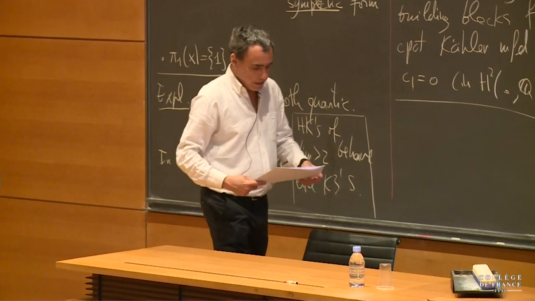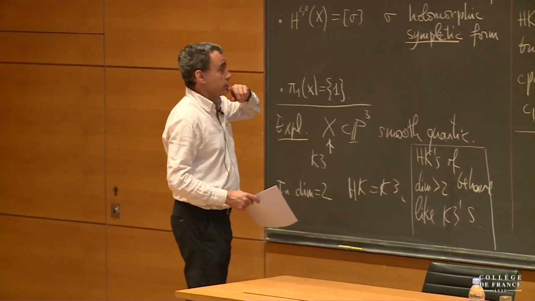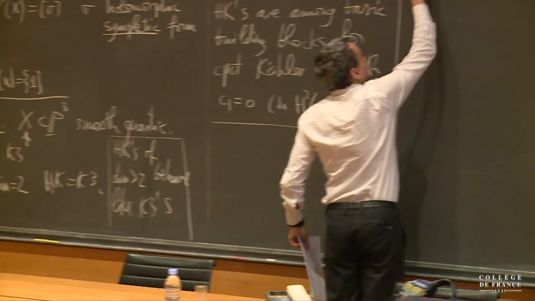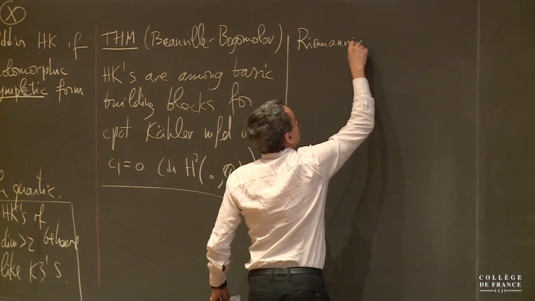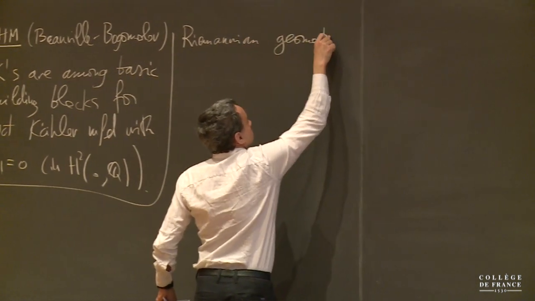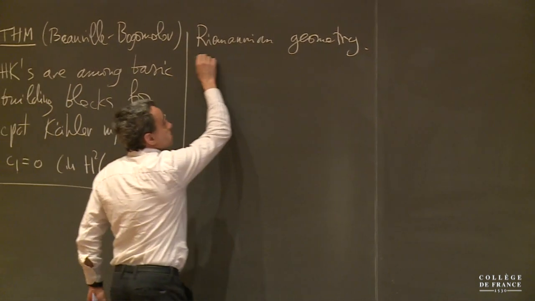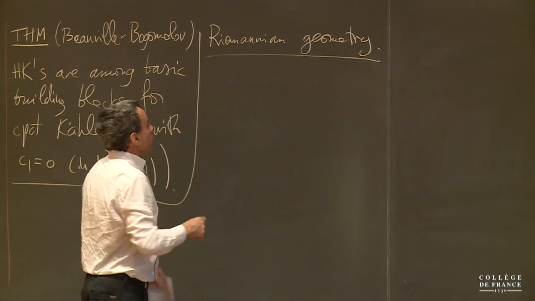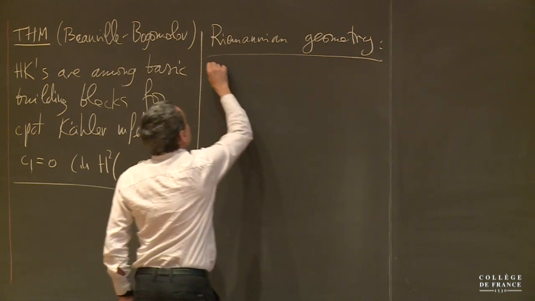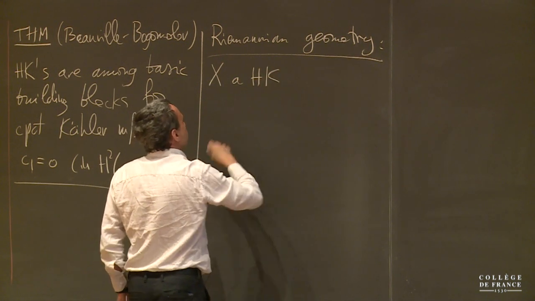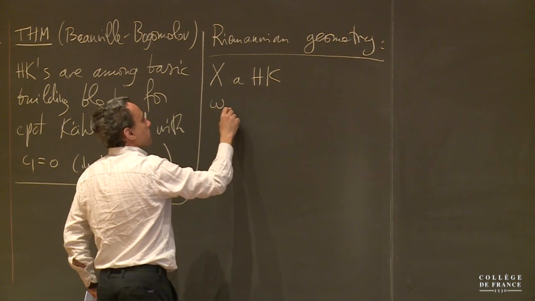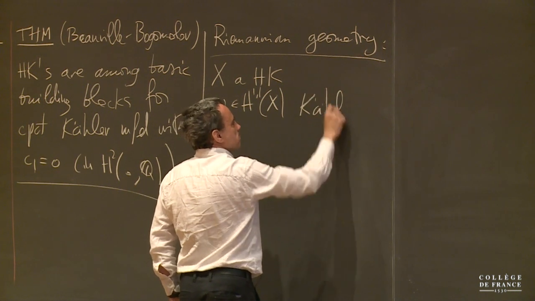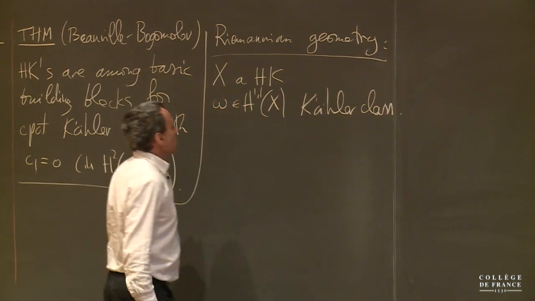These varieties are also very interesting from a Riemannian point of view. Let's say it slightly more precisely. X is a Hyper-Kähler, and let's choose a Kähler class omega.